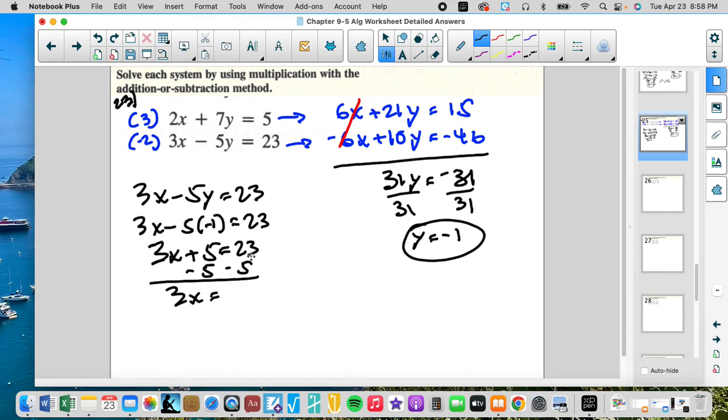That is 18. Divide by 3. x equals 6. So the point is 6, negative 1.